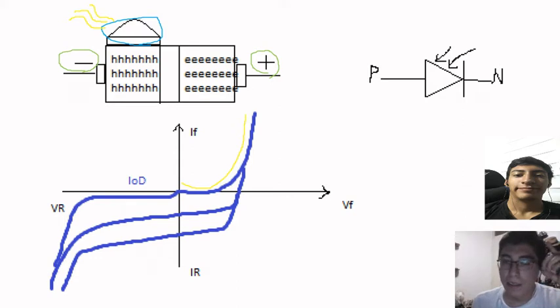However, there is a small current lag. This lag will be larger each time more photons enter. This leakage current is induced in reverse bias.